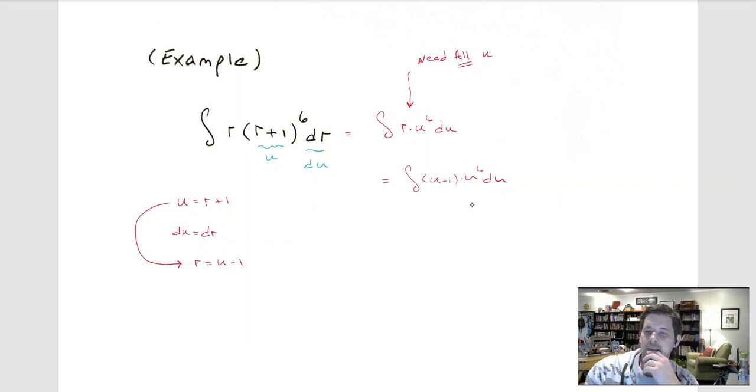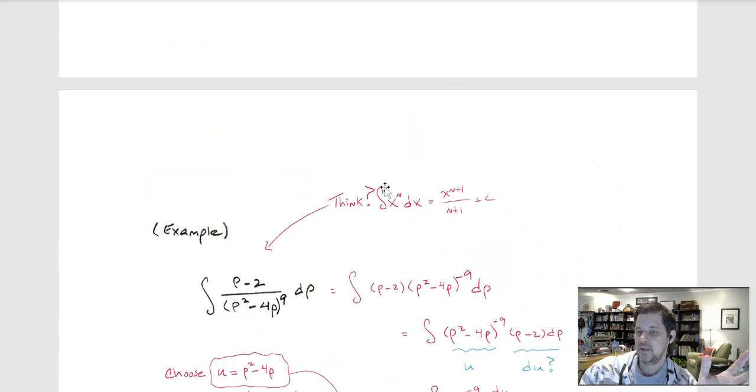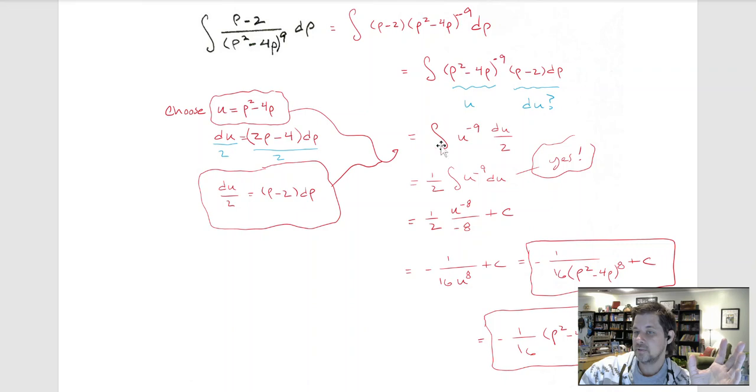Okay, now that still seems a little bit beyond where our basic rule could be applicable. Our basic rule is, how do you find the antiderivative of a variable raised to a power, like x to the n power? Like in here, we reduced this one to be just u to the minus 9 power.